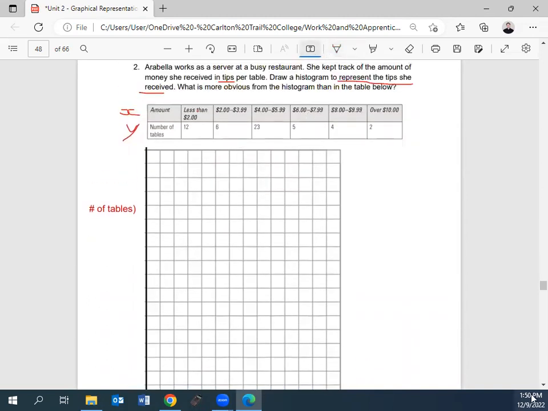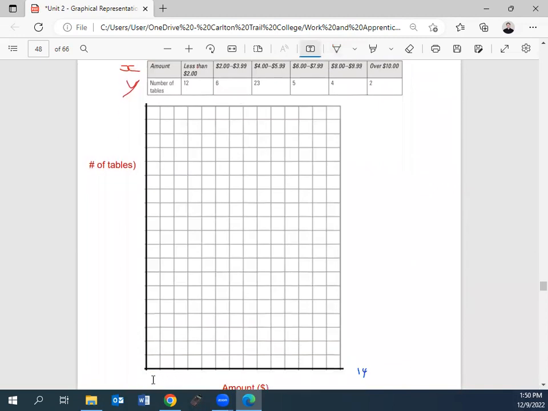So why don't I say, what is it? It's less than 2. Here we go. I'm just going to put this little symbol, this means less than, right? So less than 2. And I'm just going to put a little notch there, just so I know that it's between those, right? And then between 2 and 399, not between 2 and 4, but between 2 and 399.